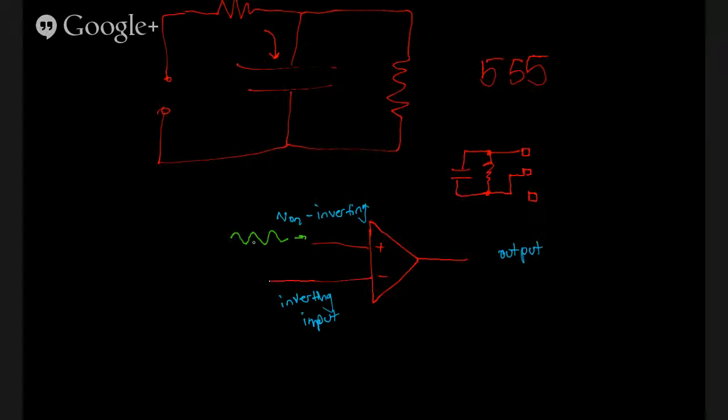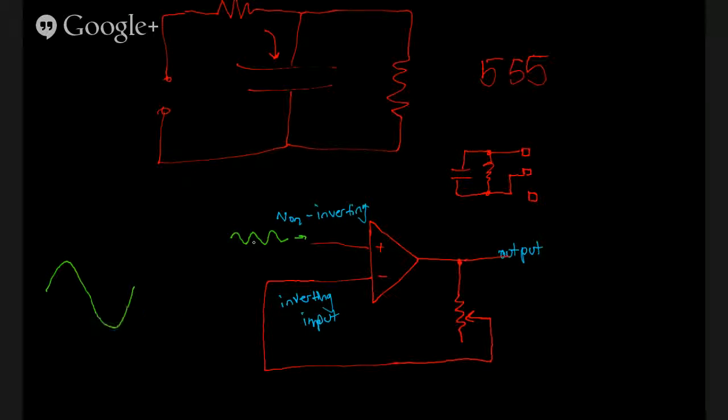We take the output and we feed back some of the output signal into the inverting input, and then those waves combine. So if our input signal looked like this, our output signal would be exactly the same but higher amplitude.